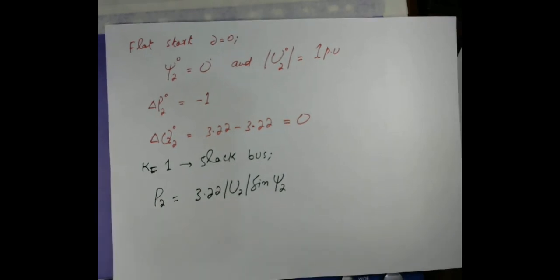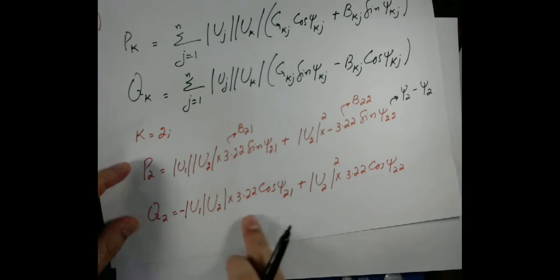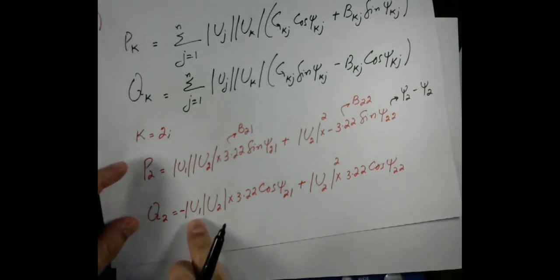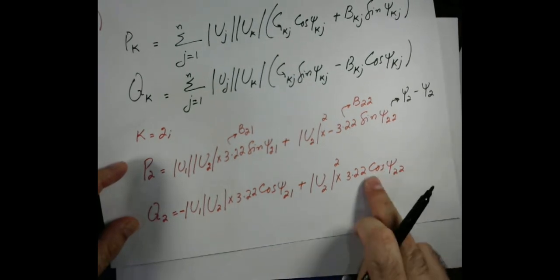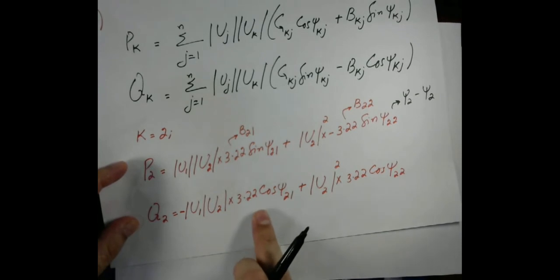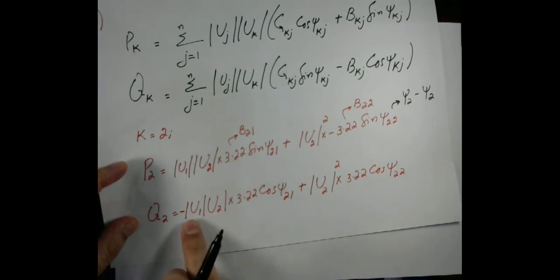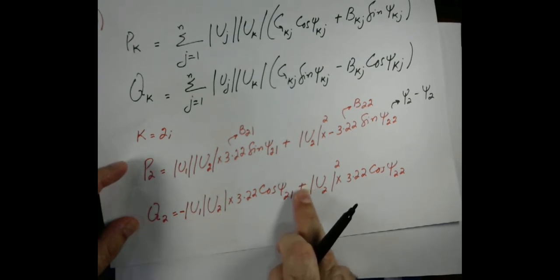Similarly, the expression for the reactive power will reduce to, because we know this is 1, and this angle will be 0, and the cos of the 0 angle is 1, so it will be 3.22 U2 square, and the other term will be negative, this is 1, so this will be 3.22 U2 cos of psi 2, because psi 1 is again 0.